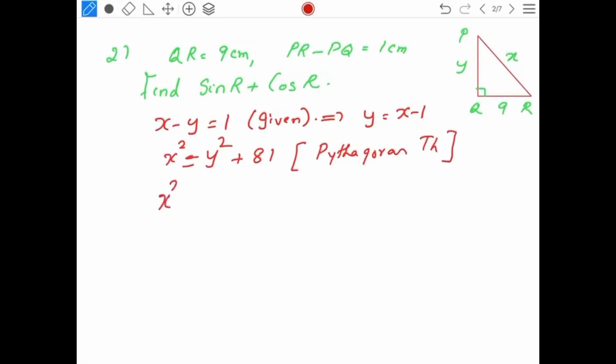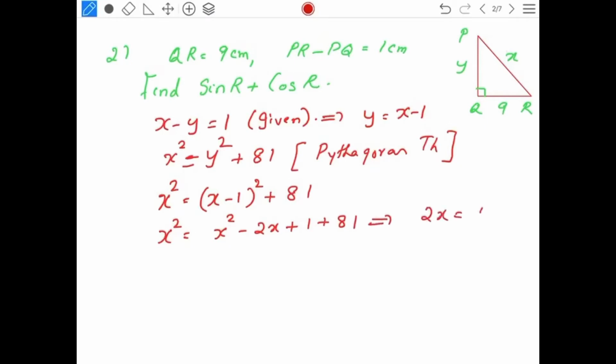Now x squared is equal to, we will substitute y equal to x minus 1 here, plus 81. Simplify it. So from this you will get x is equal to 41.